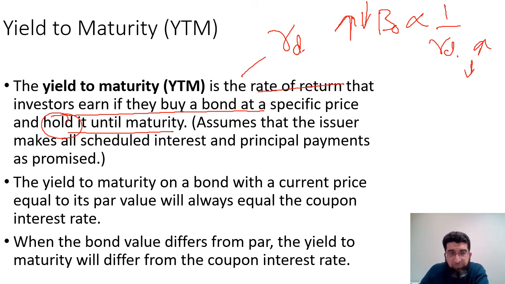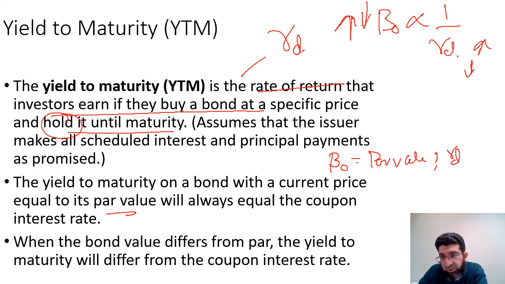Now, if a bond's current price is equal to its par value, then the yield to maturity equals the current interest payment or coupon rate of the bond.